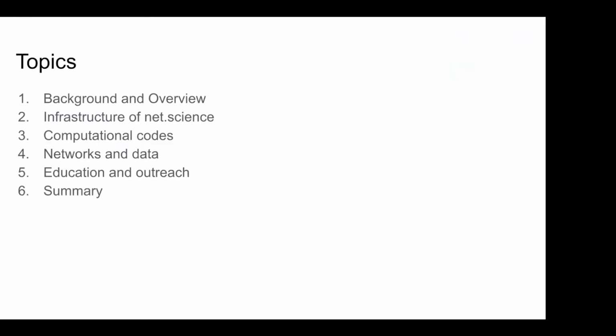So these are the topics we'll cover: some background and motivation, and then a quick overview. We'll take a look at some aspects of the cyber infrastructure fairly briefly: the software infrastructure, computational codes, the networks and data, and then we'll go into education and outreach and summarize.